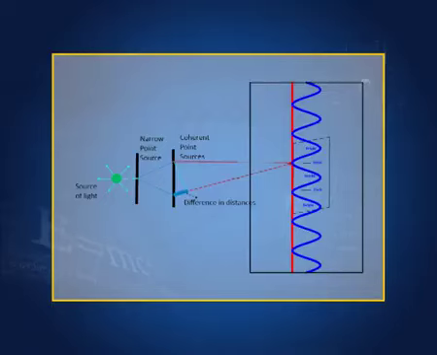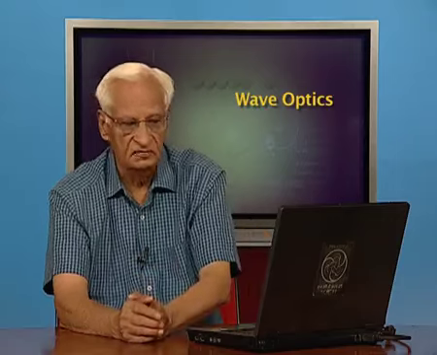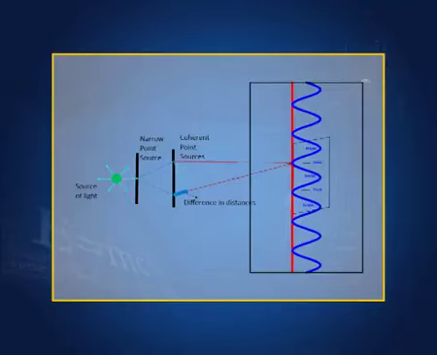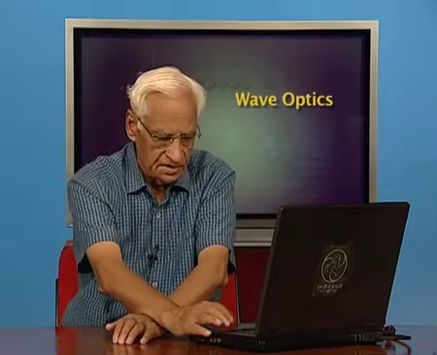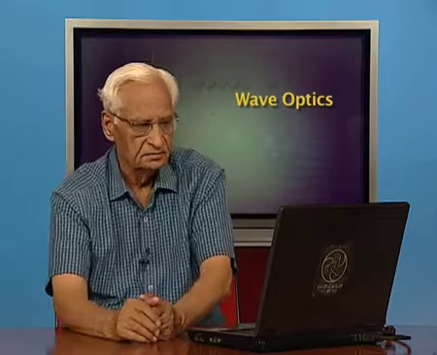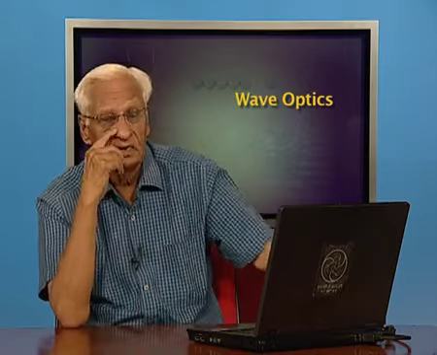Now, away from the center, there is a point here where the two waves interfere destructively, and therefore, the light is absent at that point. We have a dark fringe. So, we have a dark fringe here and a bright fringe here, and we have a pattern of this kind on the screen.